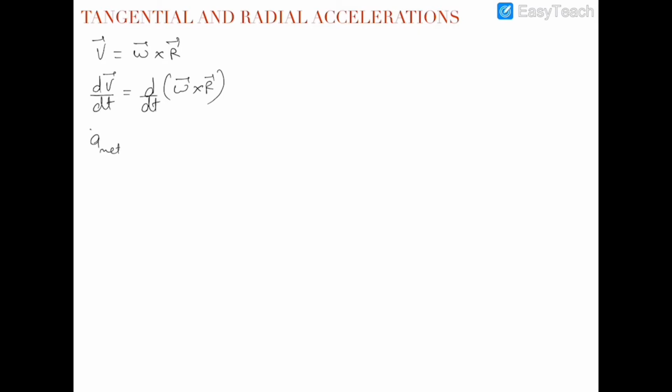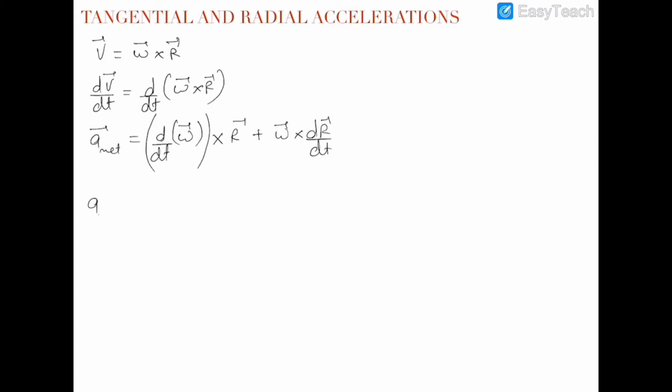It would be equal to d by dt of omega cross r vector plus omega cross dr vector by dt.